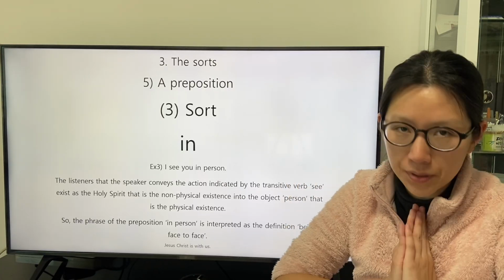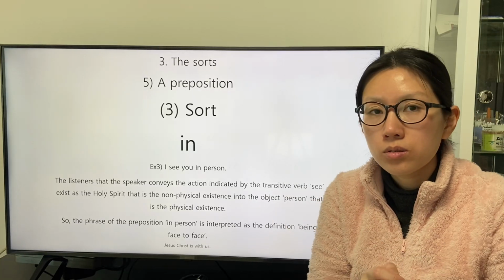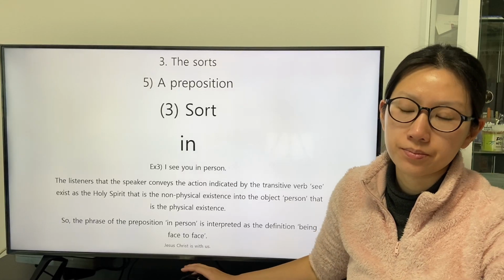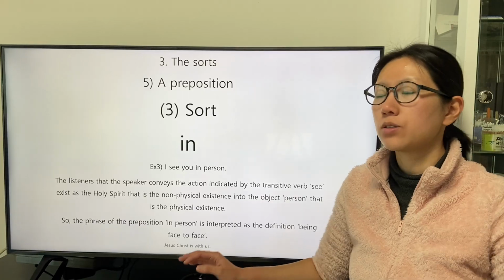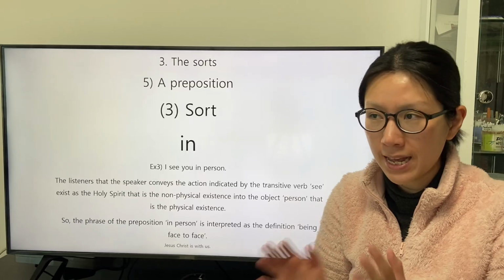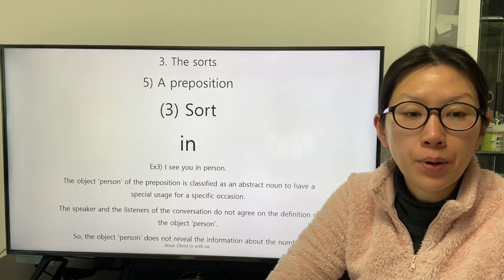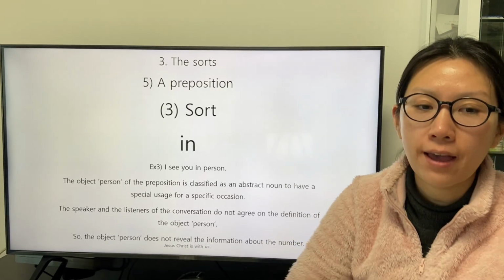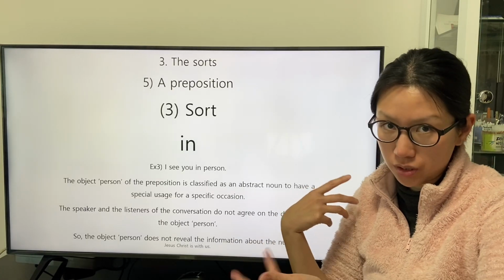As the kingdom of the One comes on earth as it is in heaven. The object person of the preposition is classified as an abstract noun to have a special usage for a specific occasion.